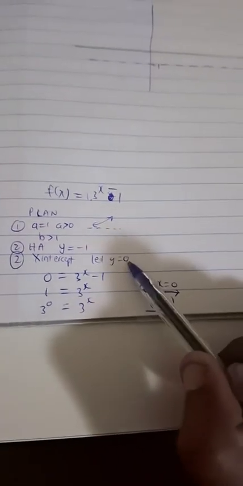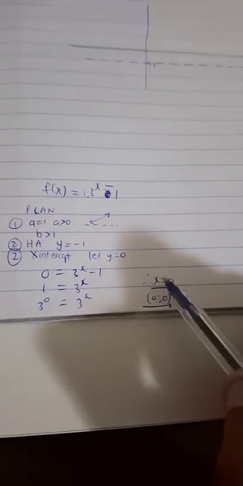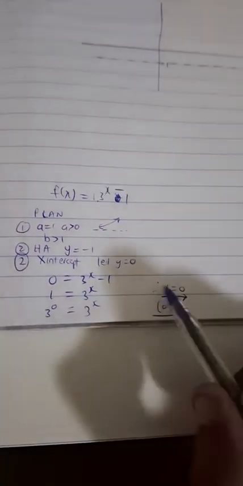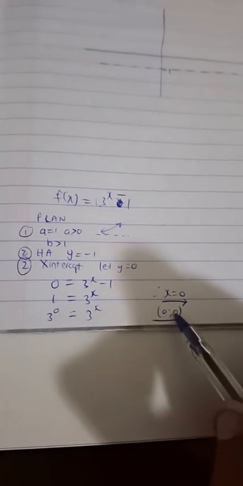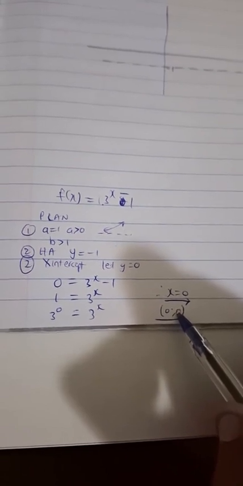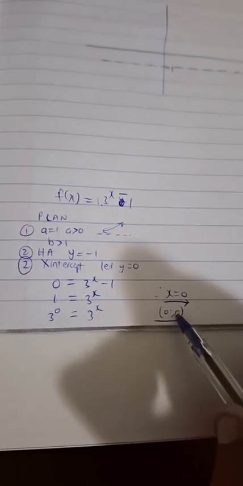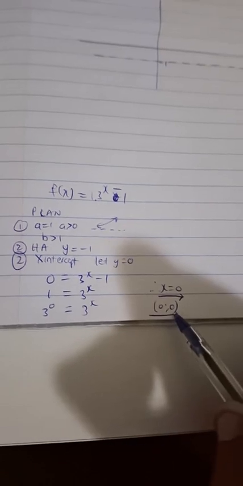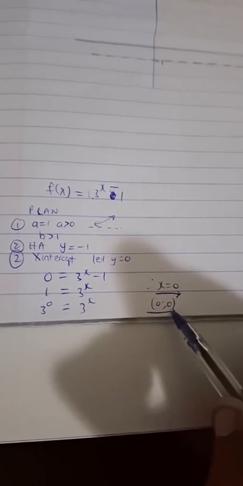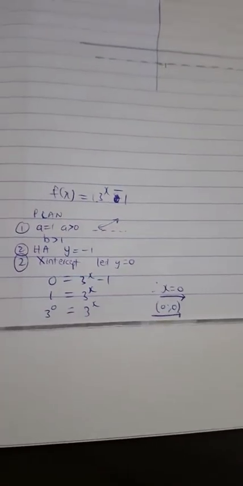Because if y equal to 0 gives us x equal to 0, it means if we substitute x equal to 0 for our y-intercept, we are still going to get y equal to 0 as well. So our (0;0) is actually going to be the x- and the y-intercept.